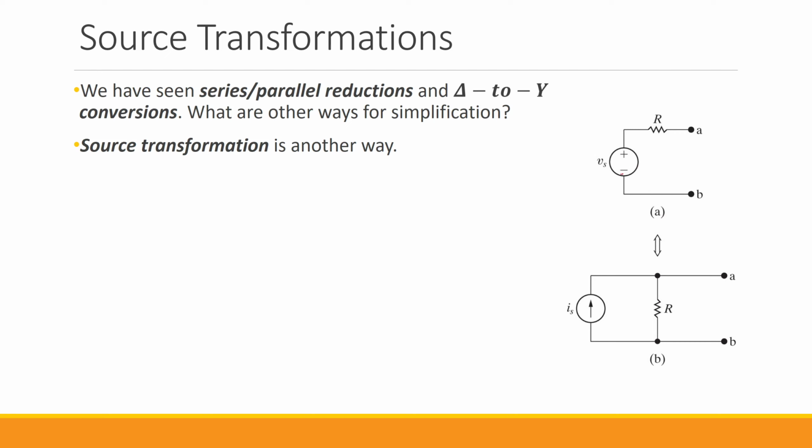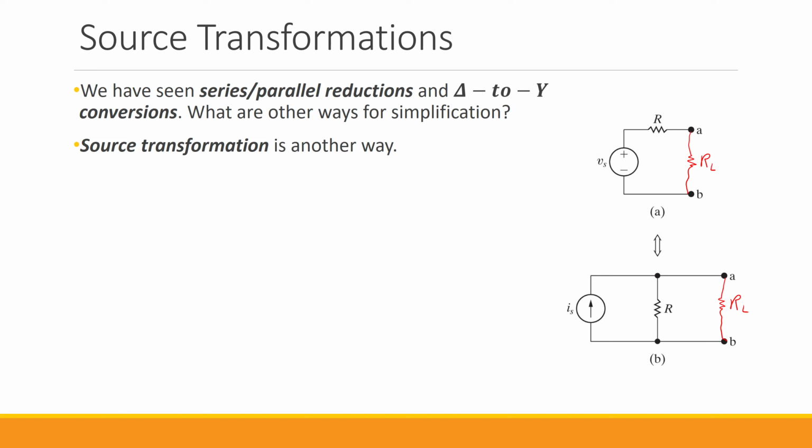For the one on the top, we have an independent voltage source with value Vs, in series with a resistor with the value R. For the second one, we have an independent current source with the value Is, which is in parallel to a resistor with the same value as R. Now let's assume for these two configurations, I connect a load resistor, I call it RL, between terminals A and B.